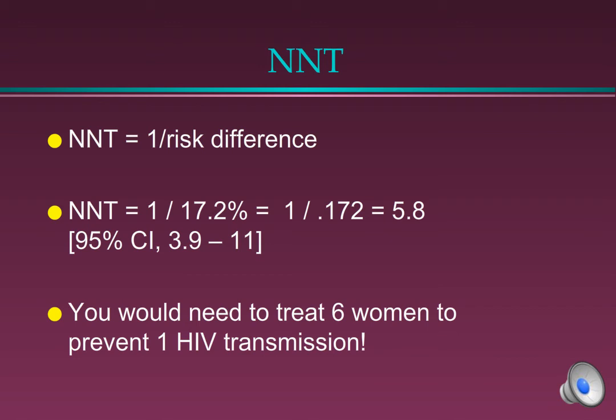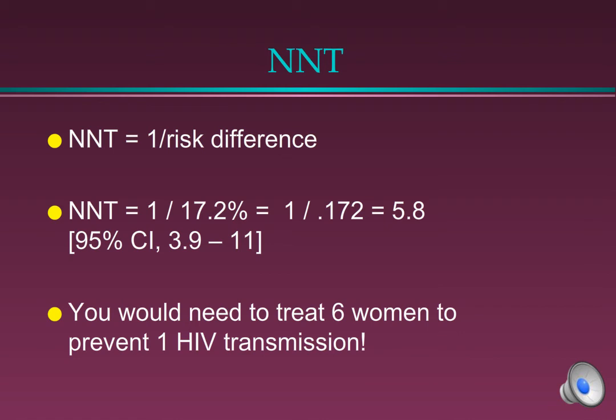But for many, many interventions in medicine in which the baseline risk is lower, the number needed to treat is much higher, which is very appropriate. And it depends a lot on the side effects of the treatment and the cost of the treatment. If the treatment has a lot of side effects, it's dangerous, it's expensive, then you want the number needed to treat to be much lower than if the treatment were cheap and easy to take and had fewer side effects.